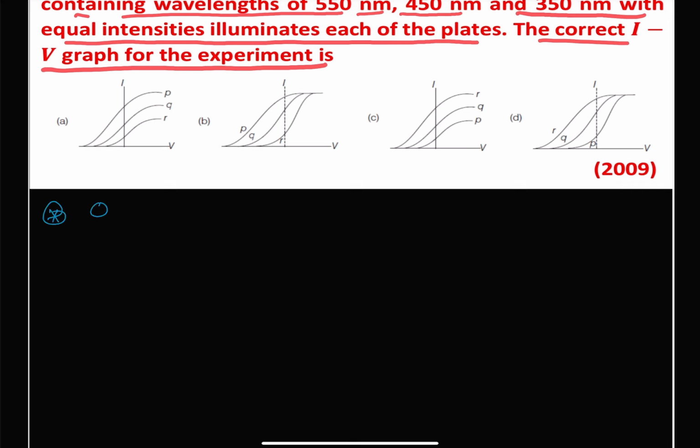So we are given a work function of plate P as 2 electron volt. Work function for plate Q is given as 2.5, and work function for R is given as 3 electron volt, and their respective wavelengths are also given.